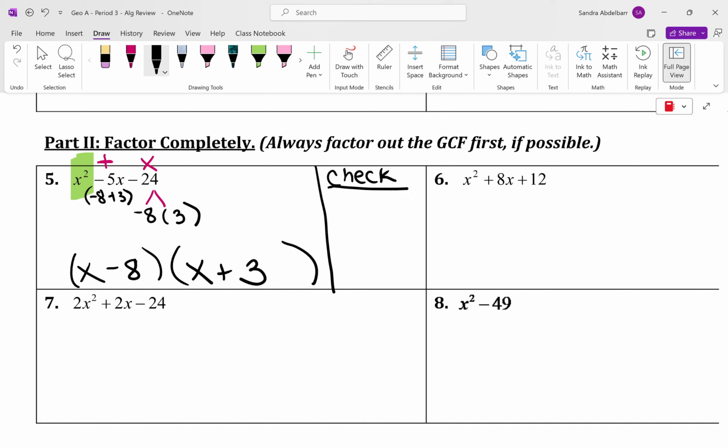Does anybody remember how to check to make sure you factored correctly? Exactly. You're going to FOIL back out, and what should you end up with? Your original problem. So let's just do that real quick. So we are x minus 8 and an x plus 3. X times x is x squared.